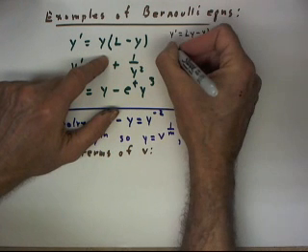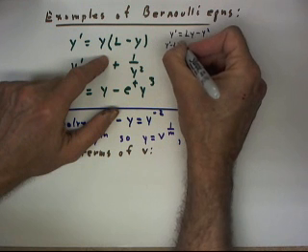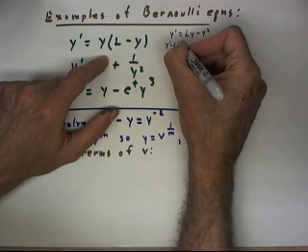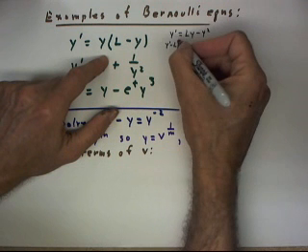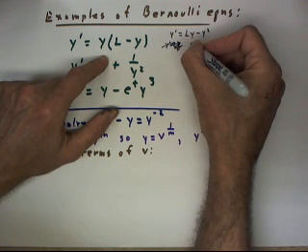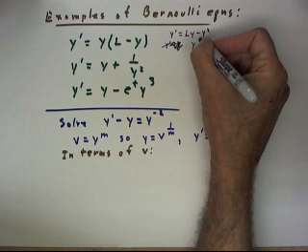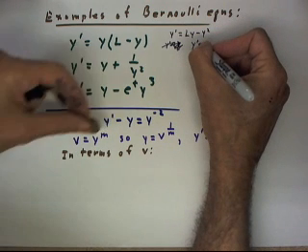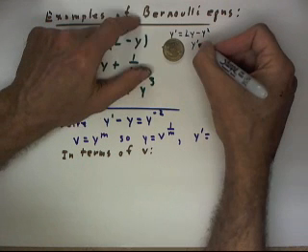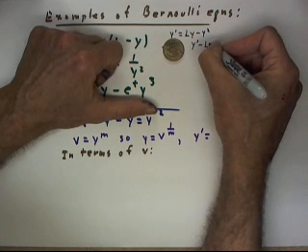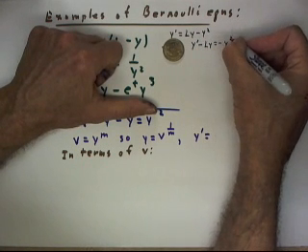Now that's of the form y prime minus Ly equals negative y squared.